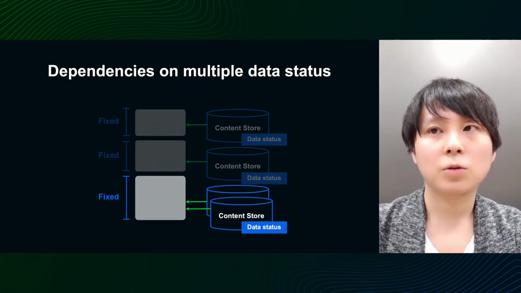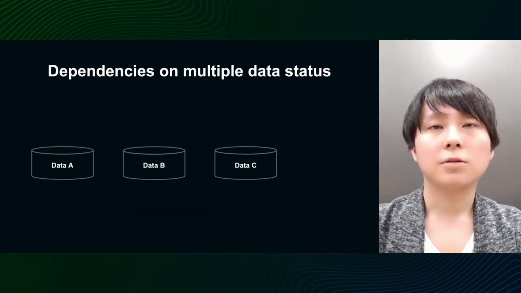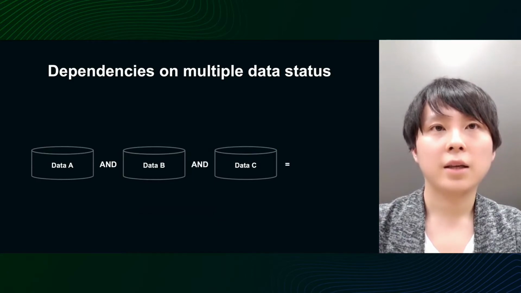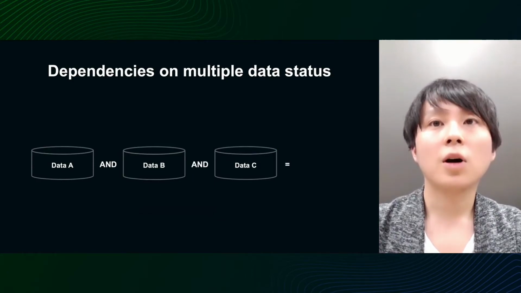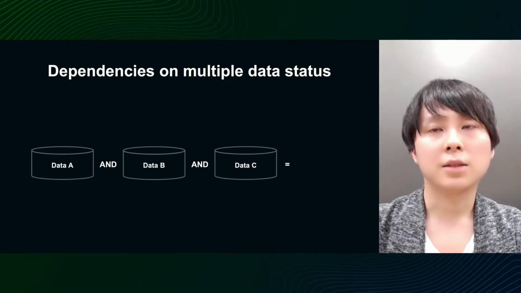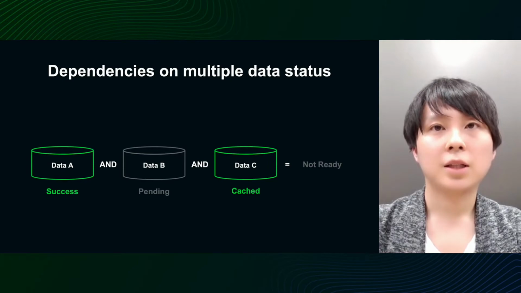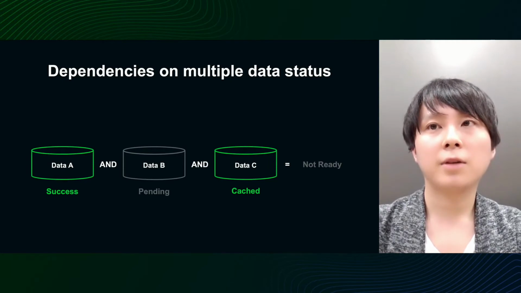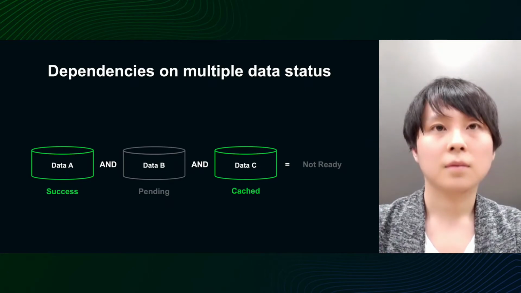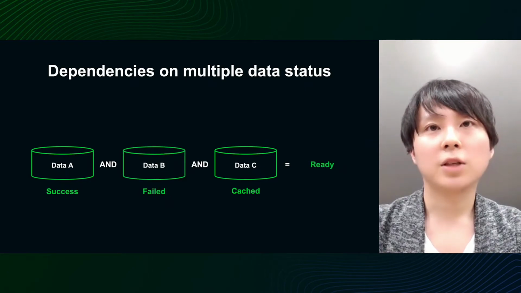For this reason, we need to consider the conditions for releasing the skeleton screen when relying on multiple stores. If your content depends on more than one store, then check the data status of the stores with an AND condition. For example, if one of the data is not finalized, such as data B, it can be assumed that the content cannot be drawn yet.